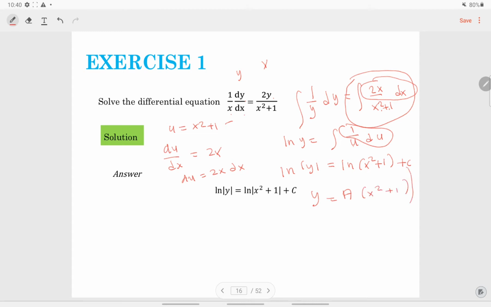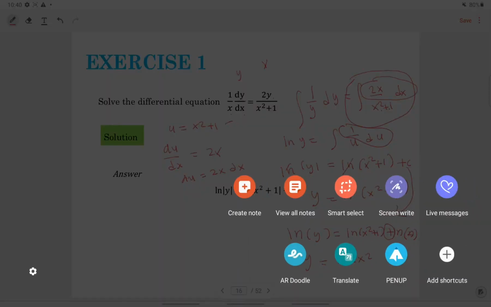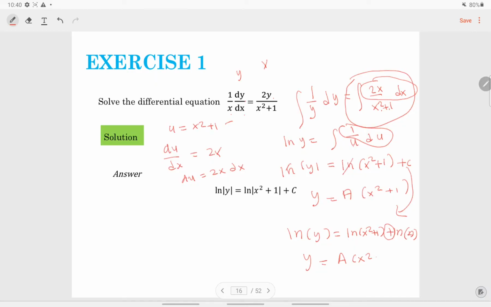You still remember that c here is ln a, meaning ln y equals ln of x squared plus 1 plus ln a, right? So this is a plus here, meaning for ln it will be multiplied. So the ln can cancel out on the left hand side and right hand side. We can get y equal to a times x squared plus 1, the general form.